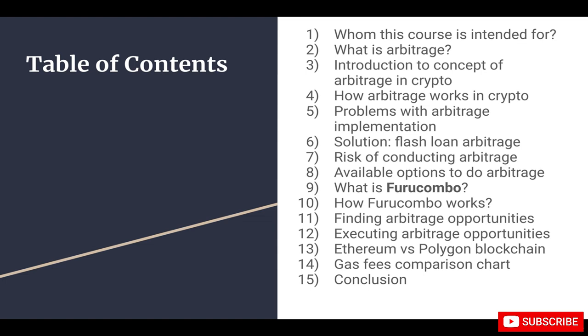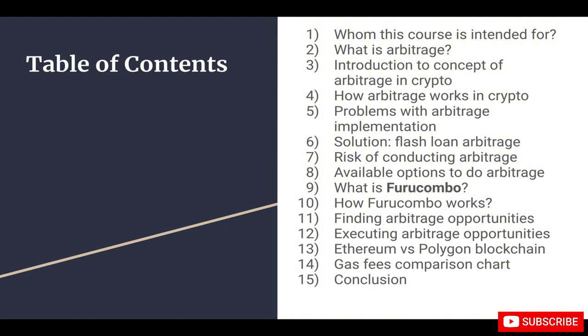So we're going to be talking mainly about the problems with arbitrage implementations, things that might stop you or obstruct you from conducting arbitrage, right? One of the few examples is, most of the time, if you don't play it smart, you need to have very big capital to invest to begin with.